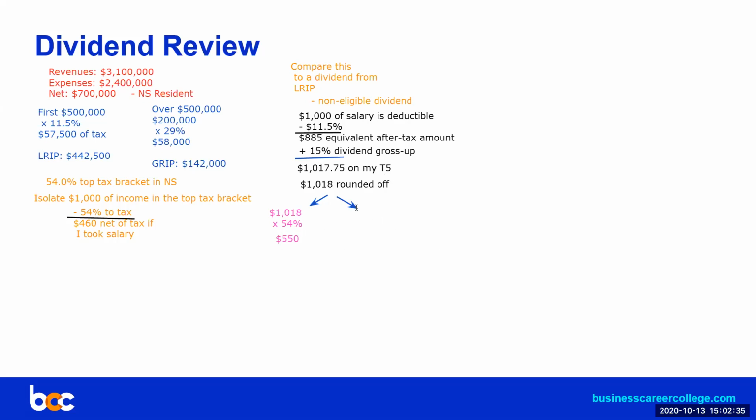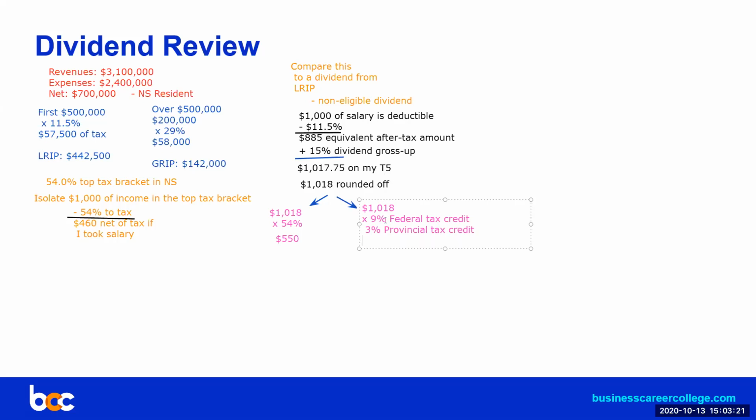What's the other thing that I have to do to get to my tax? No, so this is personally, I paid the dividend. I paid $885 to the shareholder. So I have the dividend tax credit, Bev. Perfect. And that dividend tax credit in Nova Scotia, we're going to take a 9% federal tax credit and a 3% provincial tax credit.